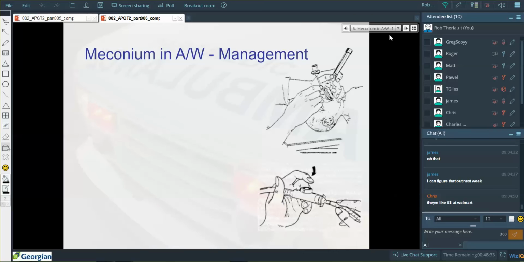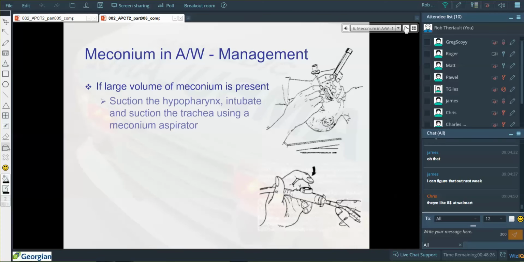You might get one person to just throw a warm towel around the baby without any stimulation, and we're going to suction the hypopharynx, maybe intubate the trachea using a meconium aspirator, which is this thing here. So it attaches to the ET tube, and then the suction catheter attaches to there, and we go into the trachea with the ET tube, and then seal that suction port off to suction out the trachea.